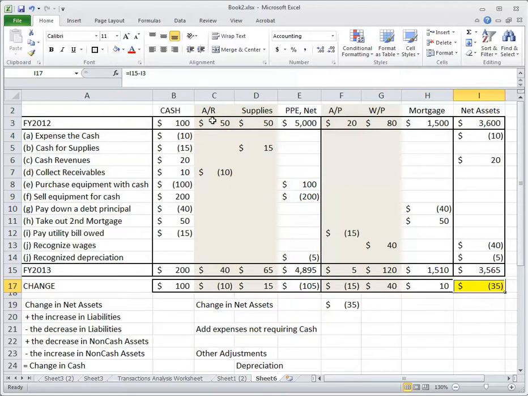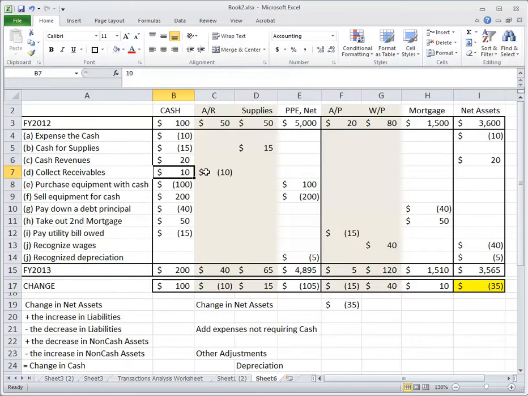And then sometimes we have an increase in cash. Like here's an increase in cash right here that would be like a donation because we got this $20, and then here's a $20 revenue. Well, that's great. The net change in net assets is going to be the same as the change in cash.